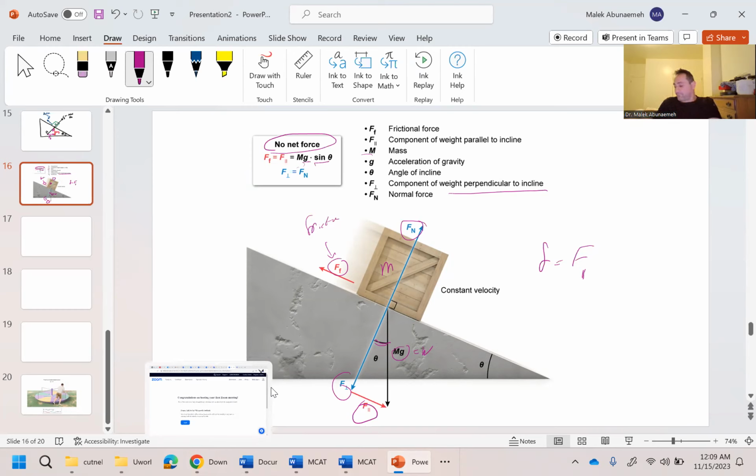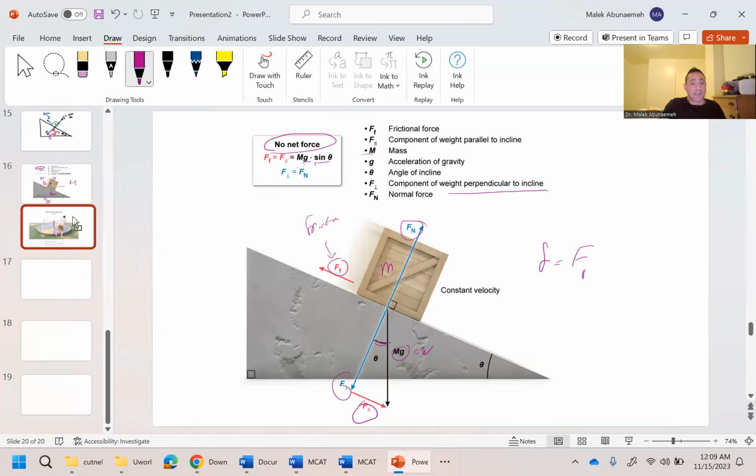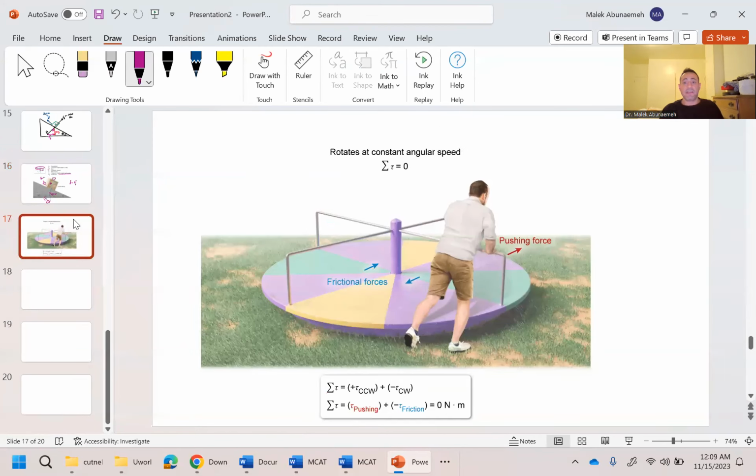Now, let's look at this little figure over here. We've got a guy pushing on a little rotating playground wheel. He is pushing counterclockwise, and under him there's a frictional force going the opposite way.